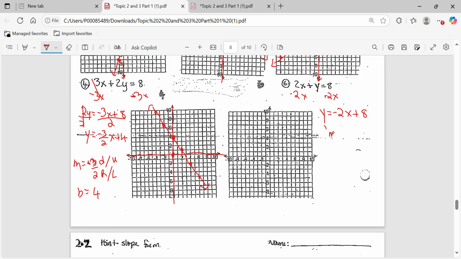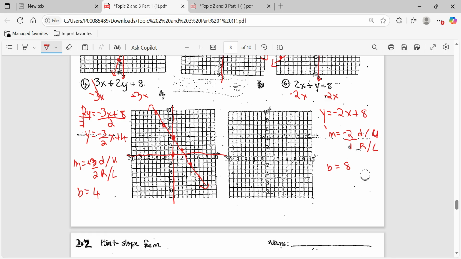My slope is negative 2, and my y-intercept is 8. I need a denominator to run, so it's a whole number over 1. And this negative tells me I'm going to go down and the positive 1 to the right. If I can't go down and right, I could go up and left.